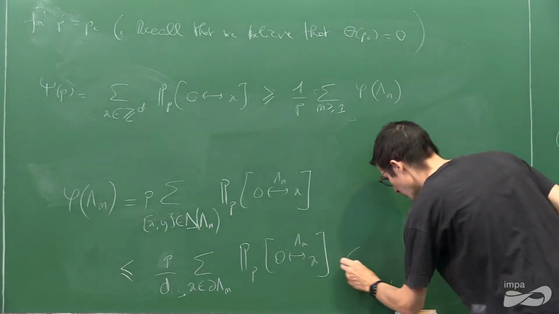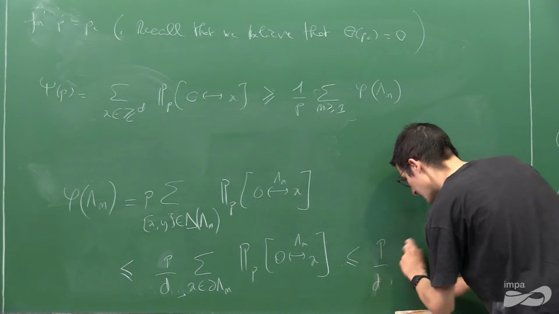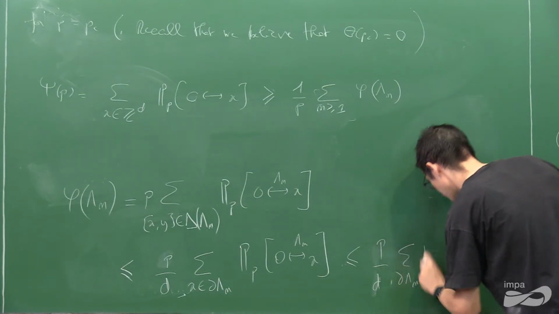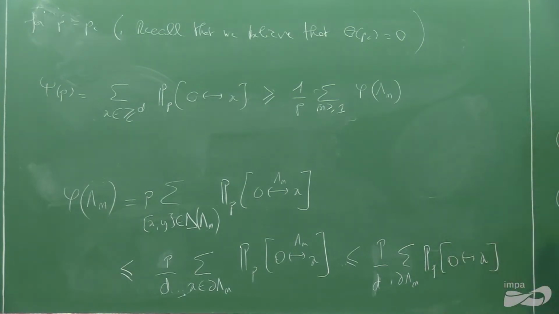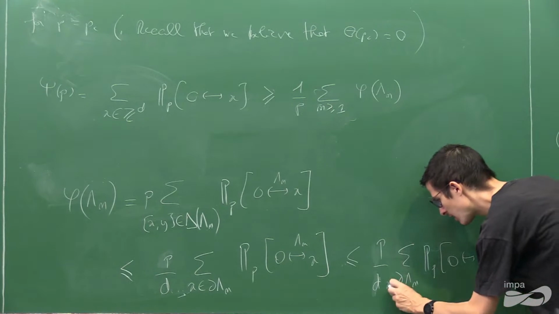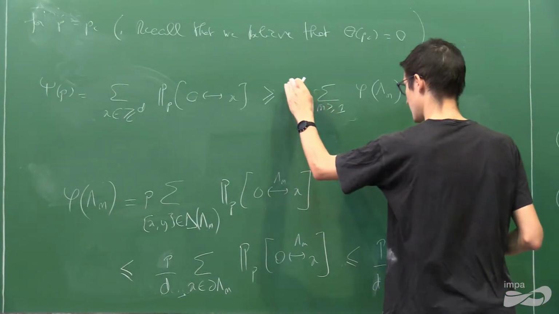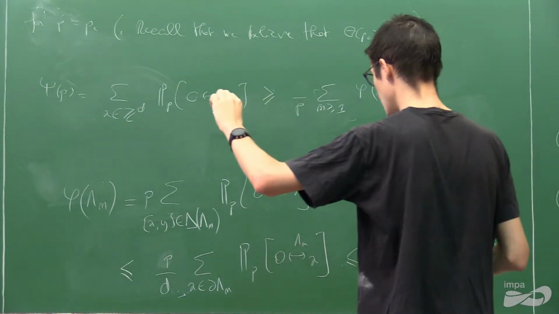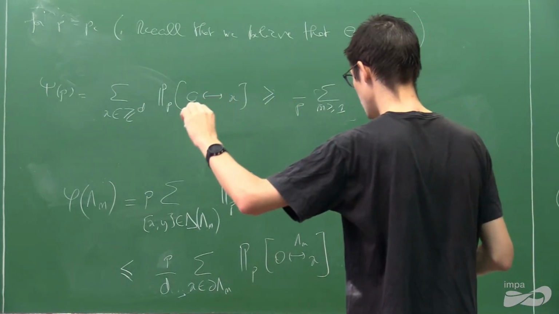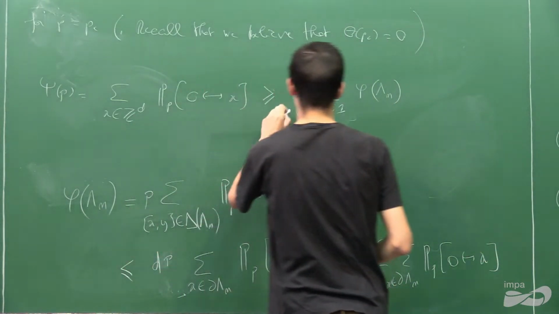And this is smaller than p over d times the sum over Lambda n times the probability that 0 is connected to x. Okay, so I think here I should have, no, it's a d. So d here. Here I have 1 over dp.